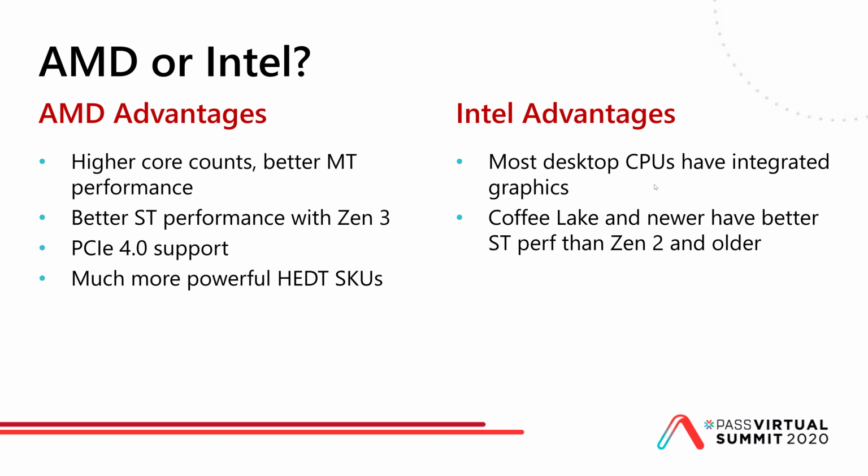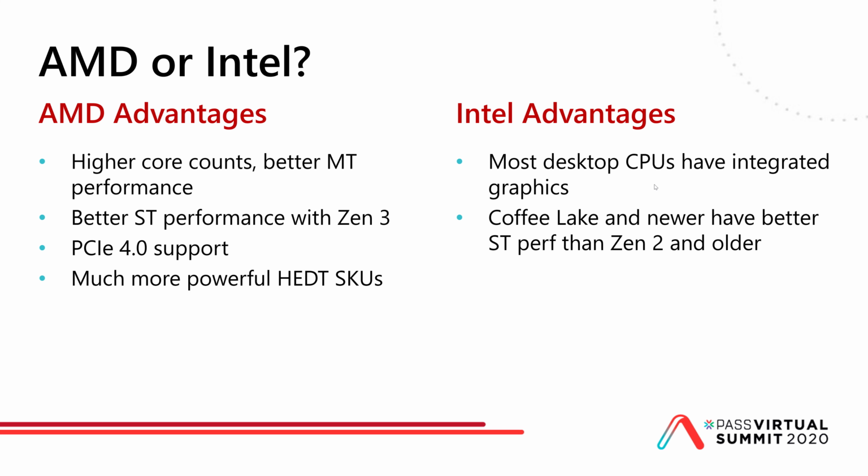They're going to have better single-threaded performance with the Zen 2 processors that were just introduced. And then you're going to have PCIe Gen 4 support, and you've got much more powerful HEDT SKUs. So the high-end Threadrippers have a lot more CPU horsepower than anything that Intel offers in this space.